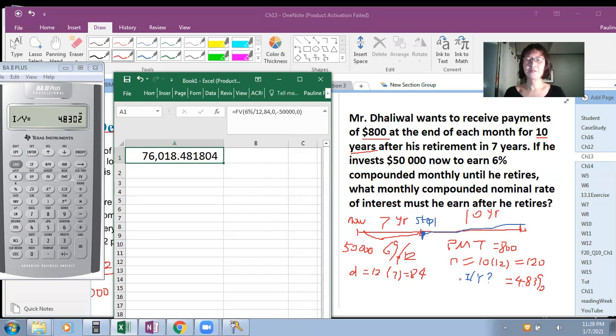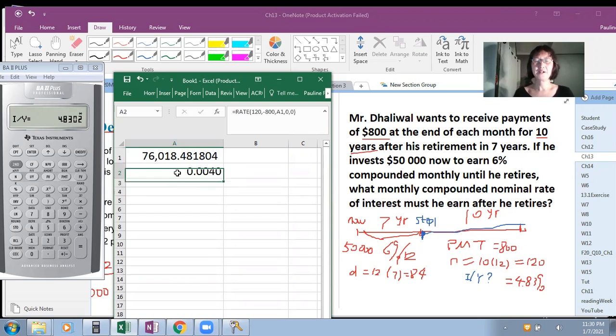And the question asks what the nominal rate is. So in Excel, equal RATE. NPER, term N, is 120. PMT is negative 800. PV is this number, the present value. Future value is 0. Type is 0.